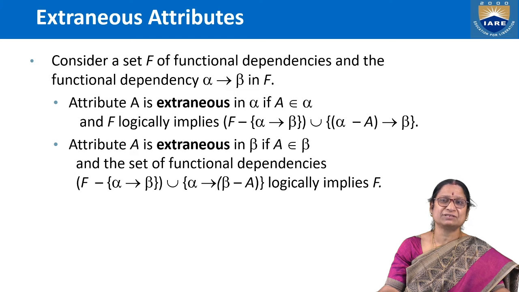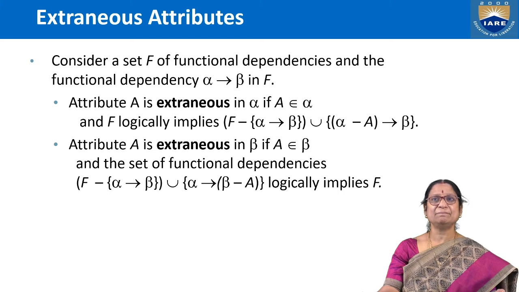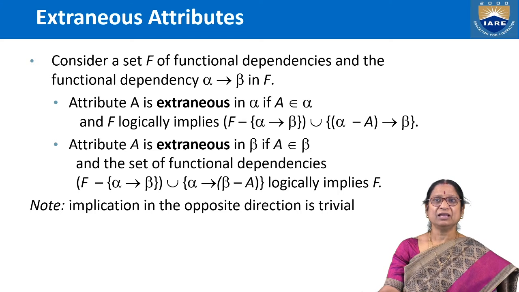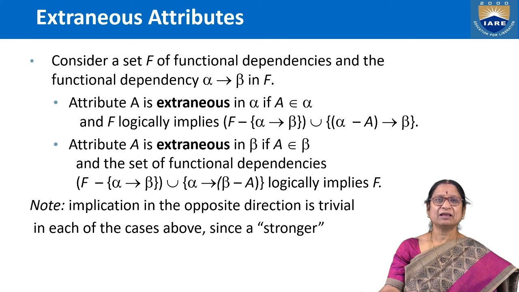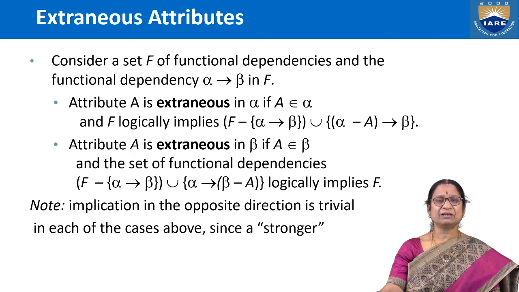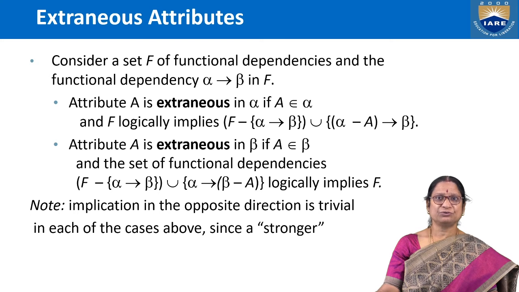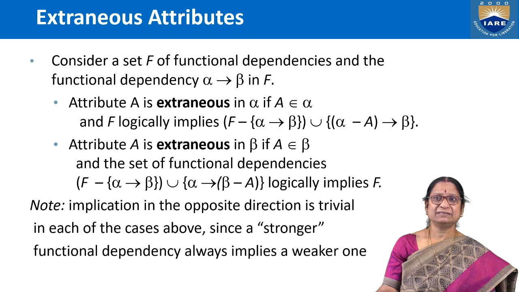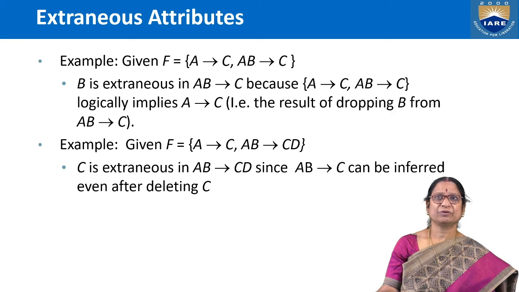We should always remember we are removing the existing FD and adding the one without the extraneous attribute, but the set of functional dependencies must be logically implied. Implication in the opposite direction is always trivial because it depends upon our decomposition rule. A stronger functional dependency always implies a weaker one.